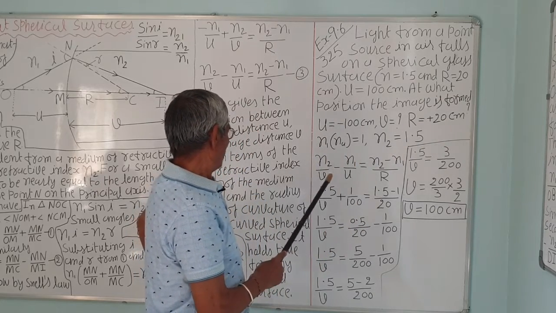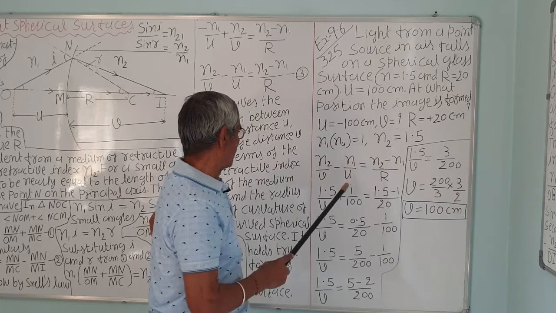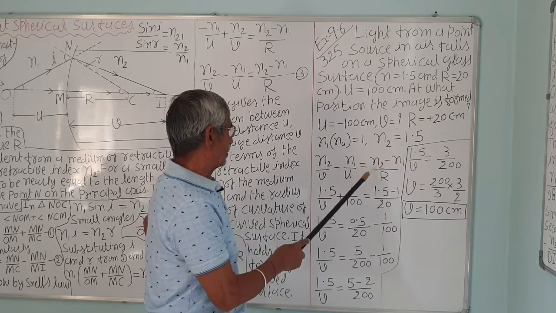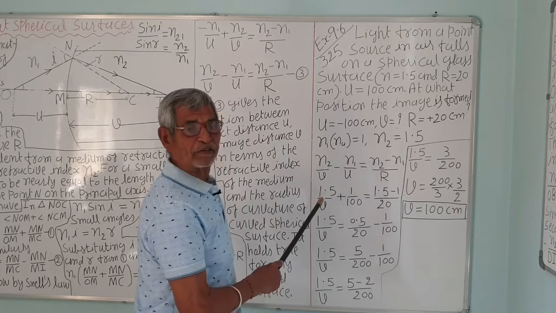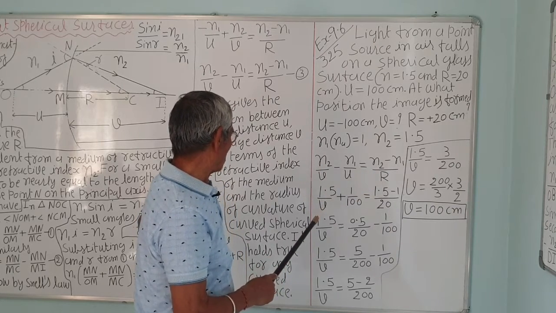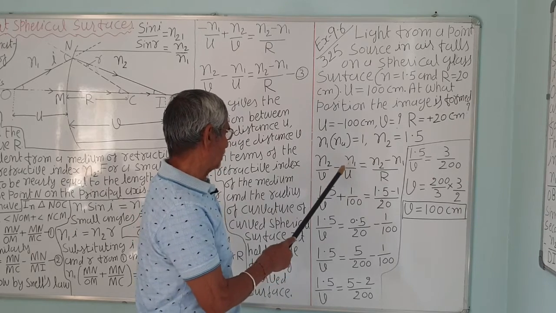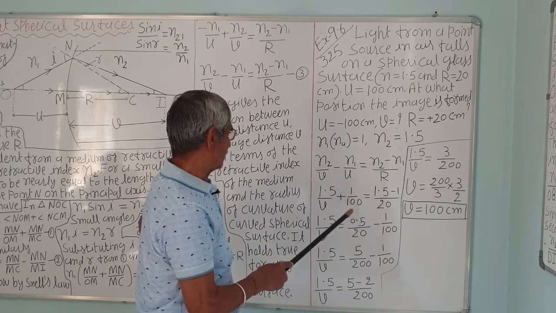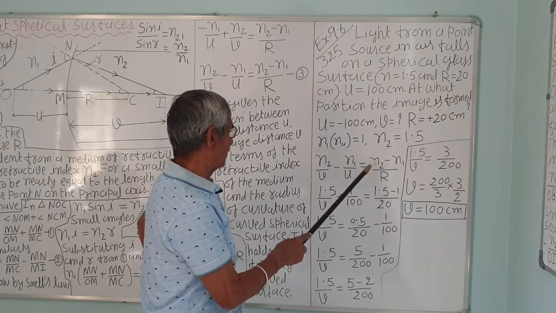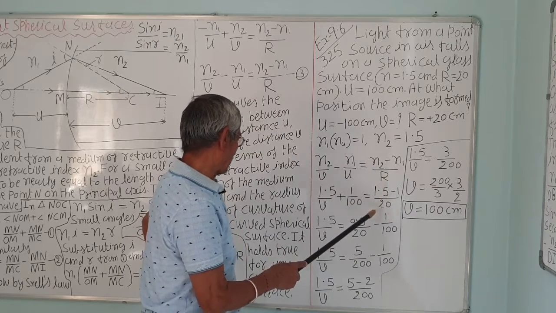So we know the equation you have just studied: n2 upon v minus n1 upon u is equal to n2 minus n1 upon r. So n2, the refractive index 1.5 with respect to air, upon v, plus, since u is minus, minus minus plus, n1, the refractive index of air, 1 upon 100, is equal to 1.5 minus 1, air has refractive index 1, upon r, which is 20.